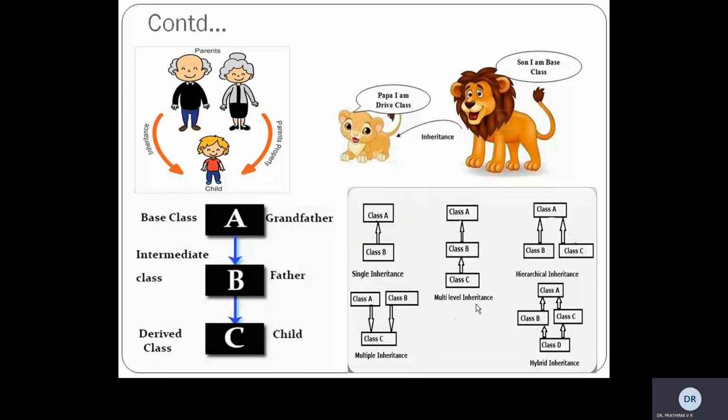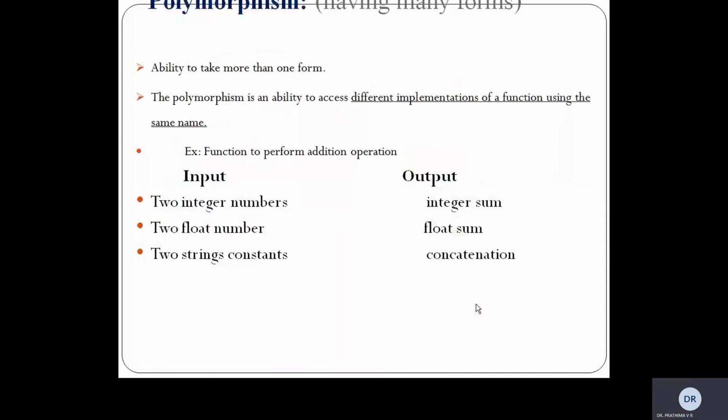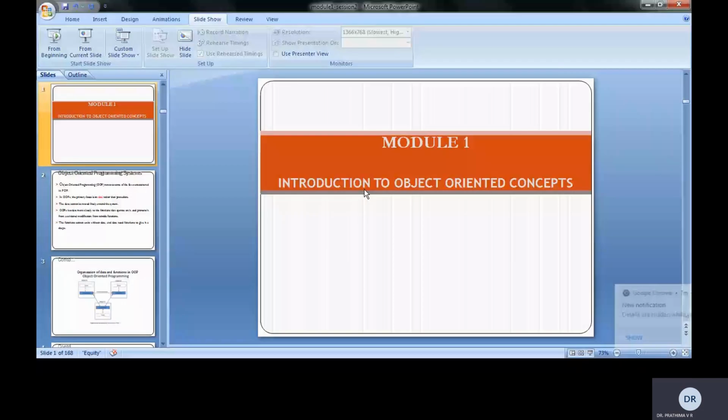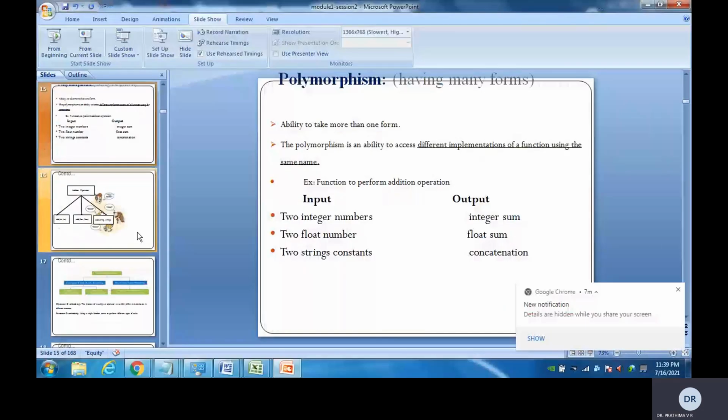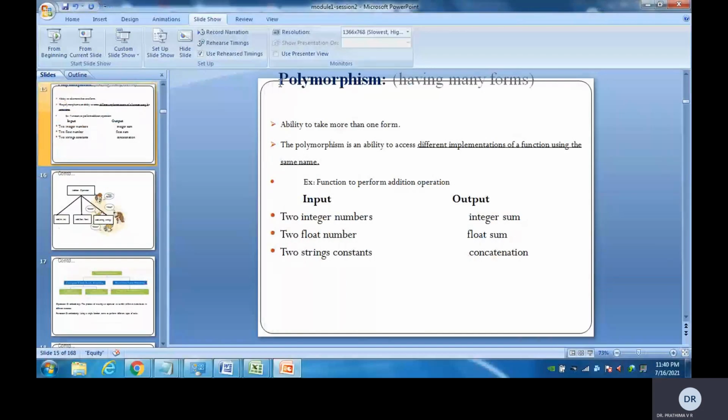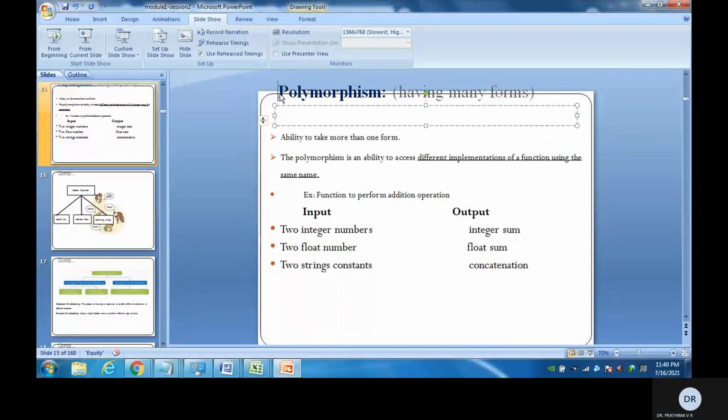Now, let's have a keen observation about the next important characteristic feature, which I call polymorphism. Here, the term polymorphism implies it's nothing but many forms.